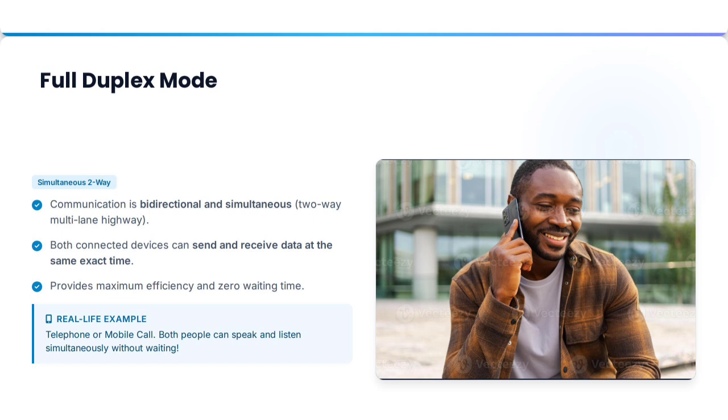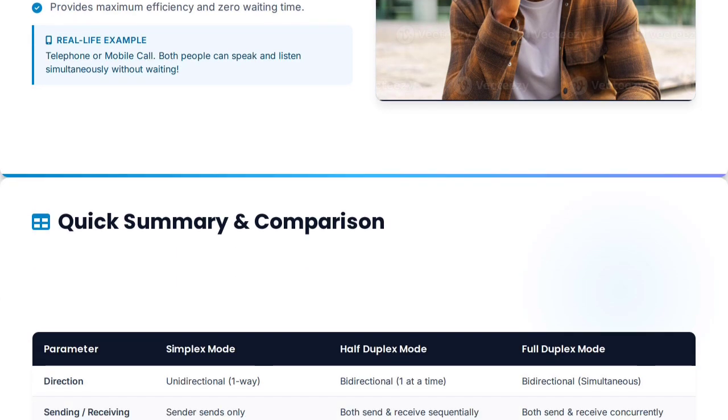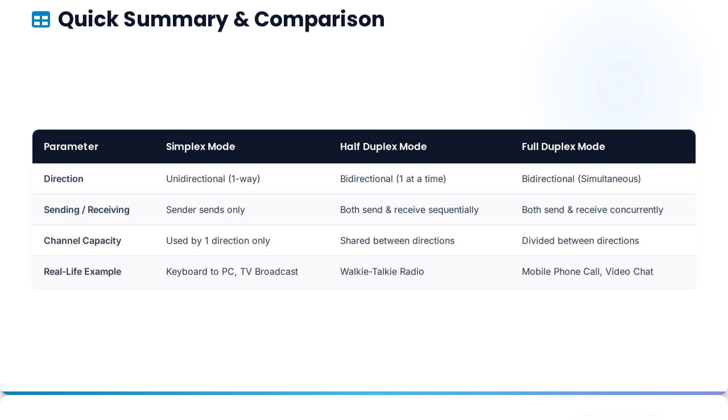Full duplex is bidirectional and simultaneous, like smartphone calls. Both people can talk and listen at the same time. Okay, a quick recap: simplex, half duplex, full duplex.